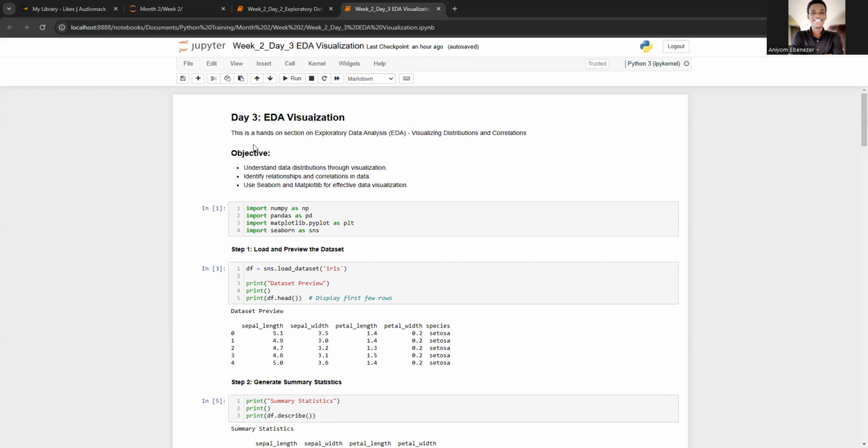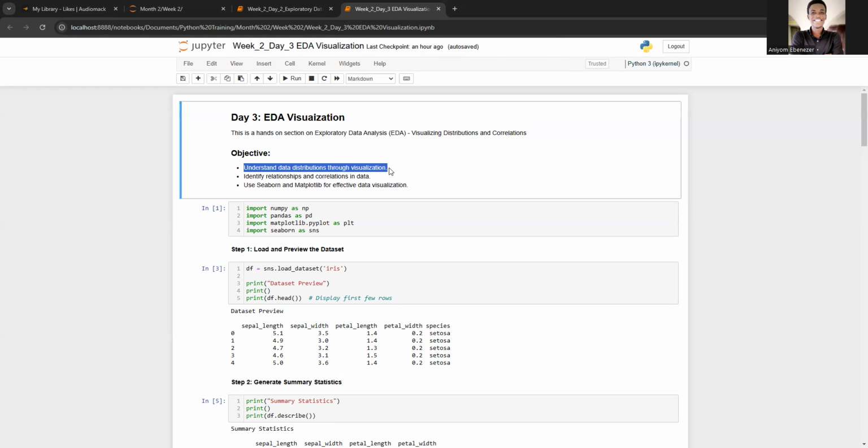It's going to be a hands-on section where we will be visualizing some distributions as well as correlations. So our key focus will be on understanding data distributions through visualization.